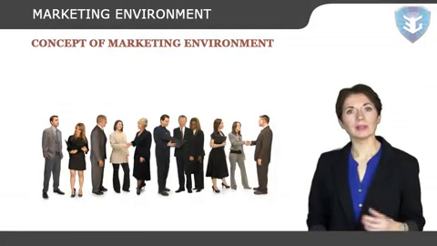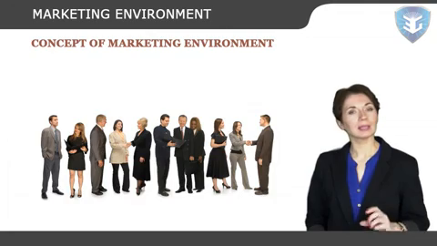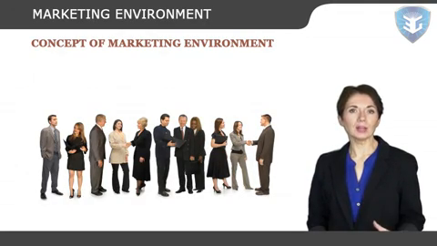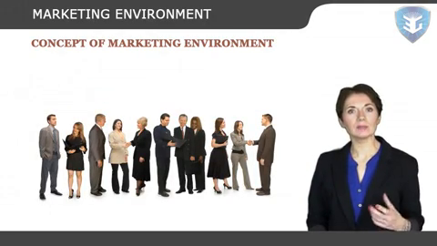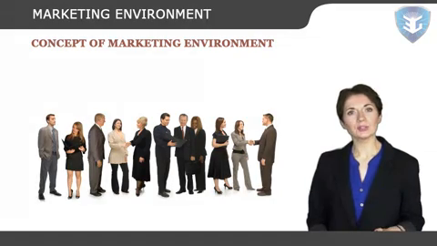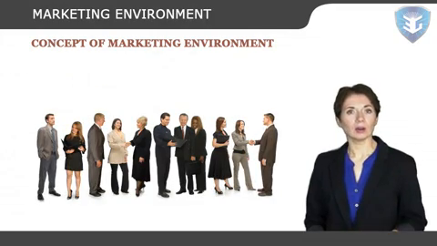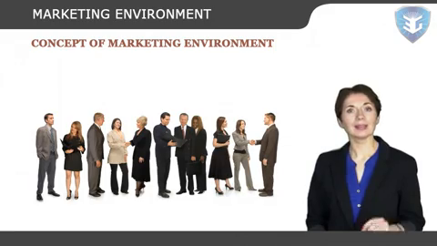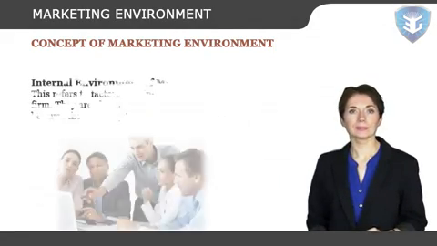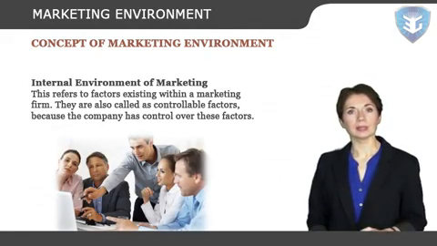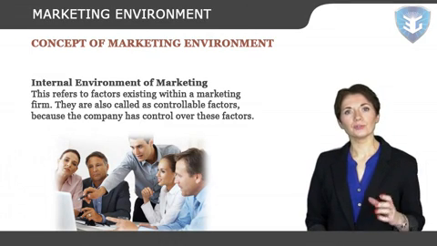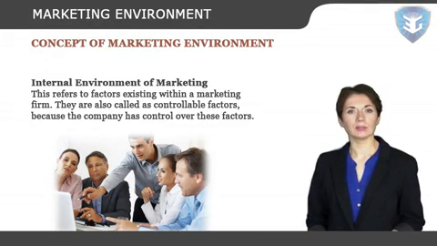Let's now learn about the factors affecting the marketing environment. The environmental factors that are affecting the marketing function can be classified into two. They are internal environment and external environment. Internal environment of marketing. This refers to factors existing within a marketing firm.